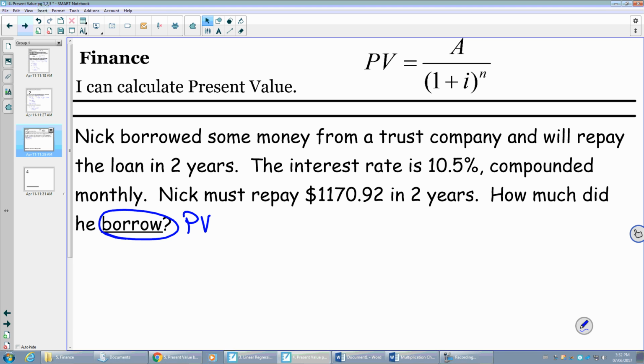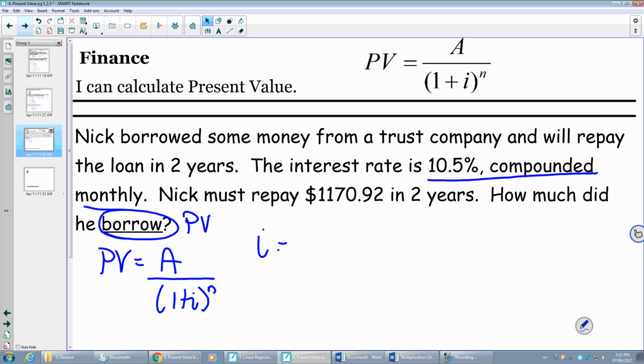$1,170.92 in 2 years? So again, I'm going to start by writing my present value formula. PV equals A over (1 plus i) to the exponent n. Okay, interest, 10.5% compounded monthly. So I write i is equal to 0.105 divided by 12. n is 2 times 12.